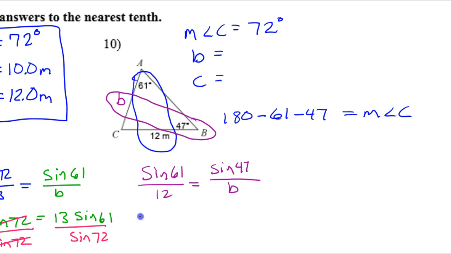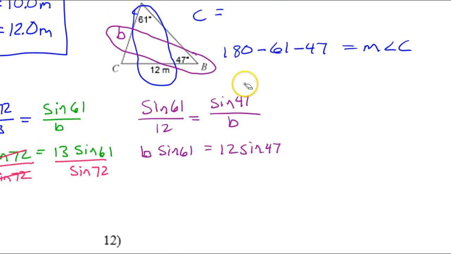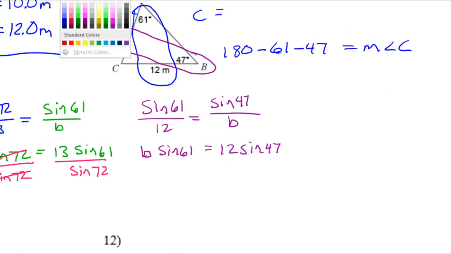If I cross multiply this, I get B sine 61 is equal to 12 sine 47. And then if I divide both sides by sine 61, that's going to look like this.